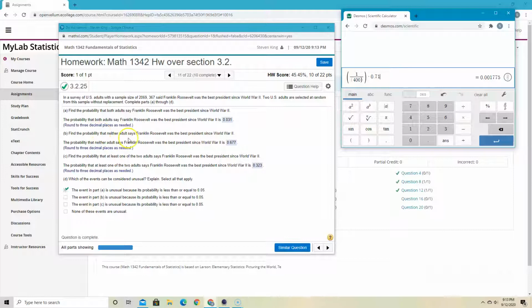Now, what's the probability that, not that both people stated Franklin Roosevelt was the best president, but the probability that neither adult, you picked one and they did not say or believe that FDR was the best president, and also the second person picked did not believe FDR was the best president. So that's what letter B is asking.